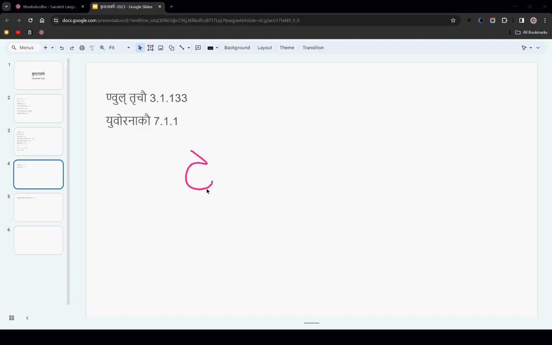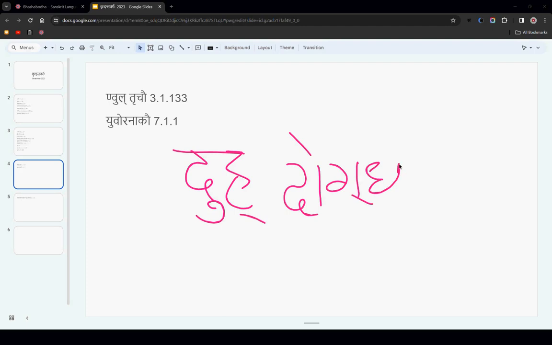Duh dhatu, dogdhru. Dogdhru means one who milks. Like a milkman, gauli. One who milks.